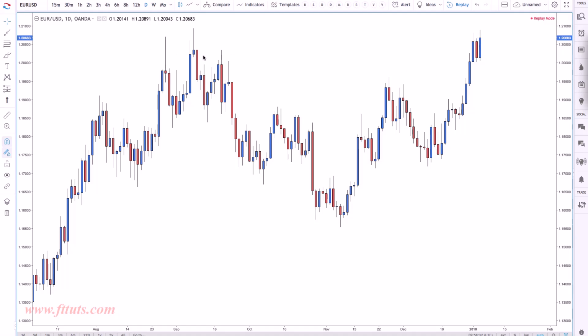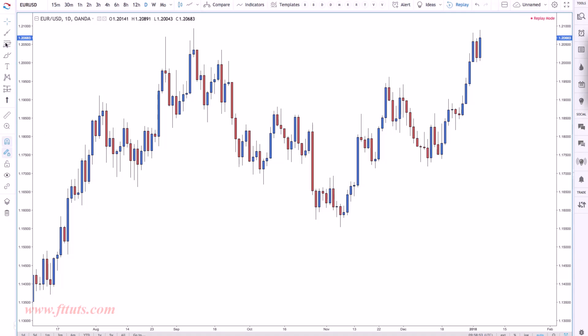Now I was bullish on the US dollar, right? And so I was looking for trades to get short, so obviously I'm going to look for supply zones.